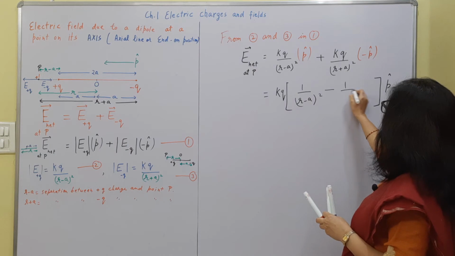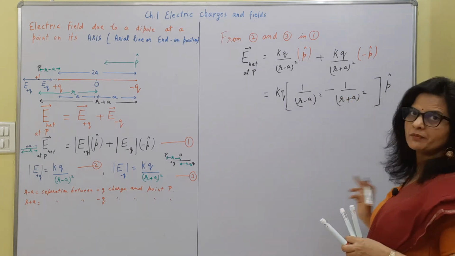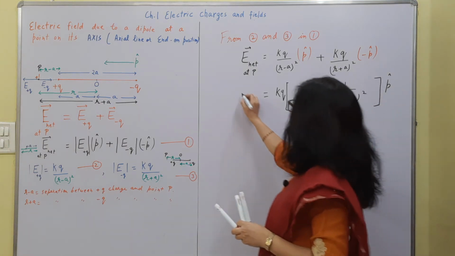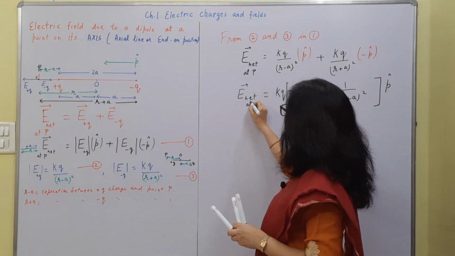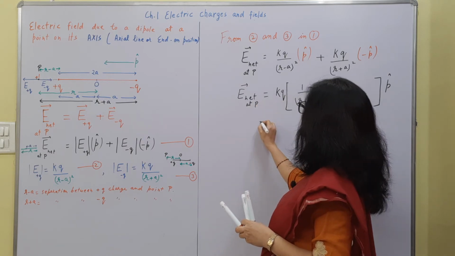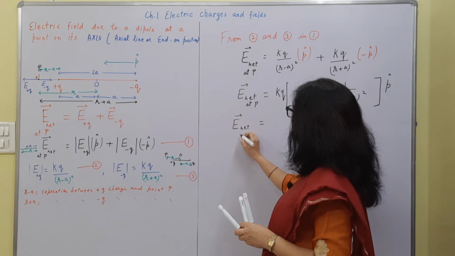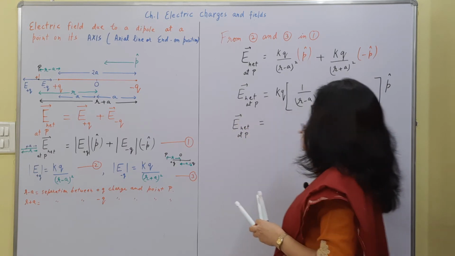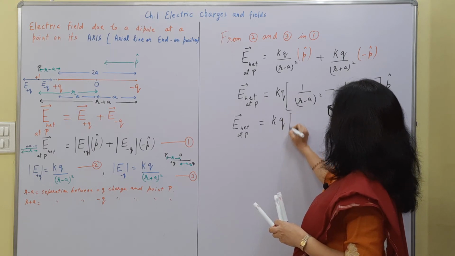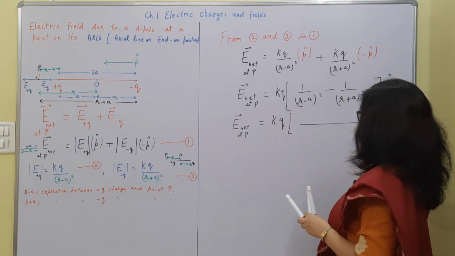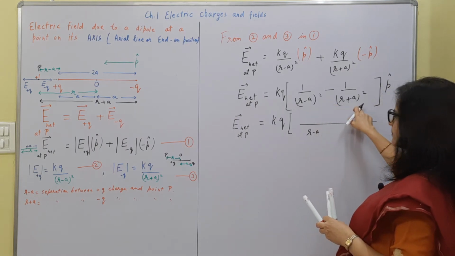So this will be 1 upon R plus A whole square. Now simple mathematical calculation is required here. So this is E net at P, and K Q, I can write it like this, R minus A whole square into R plus A whole square.